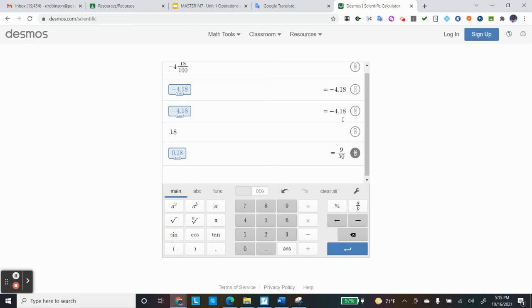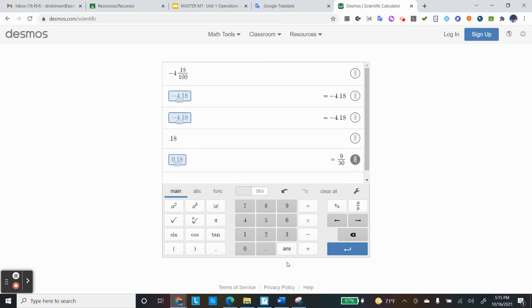So if you remember, we had 0.18 next to the -4. So now we have -4 with 9/50 instead of 18/100. So it reduced that fraction by dividing top and bottom by 2. So I reduced it down to its lowest terms. So our answer would be -4 and 9/50.